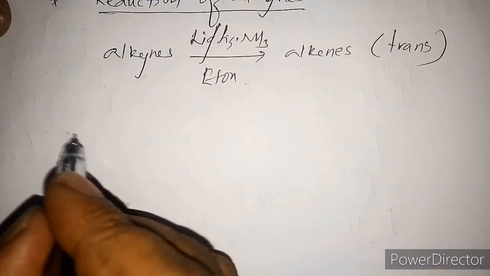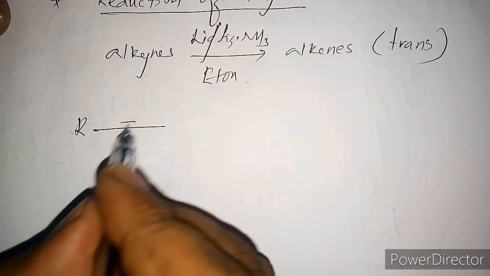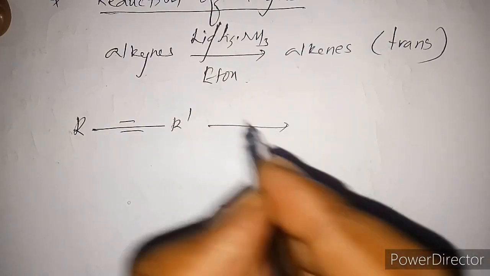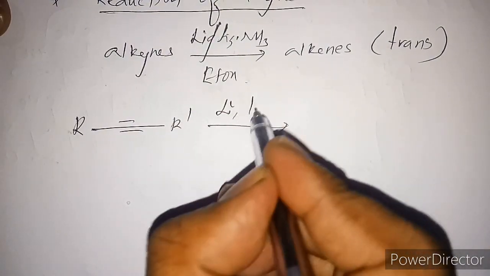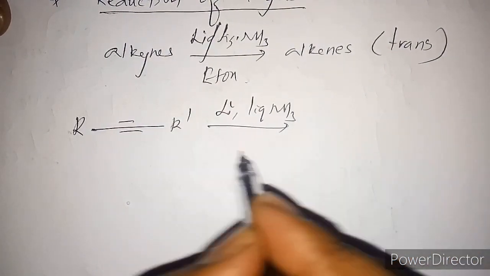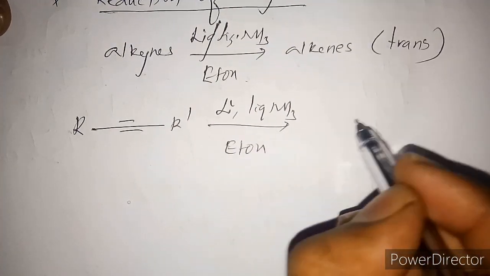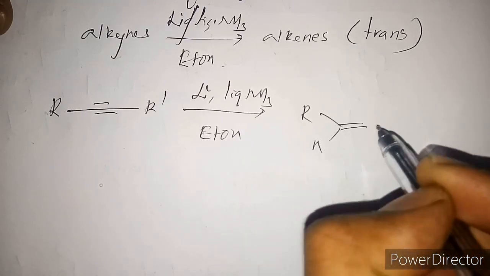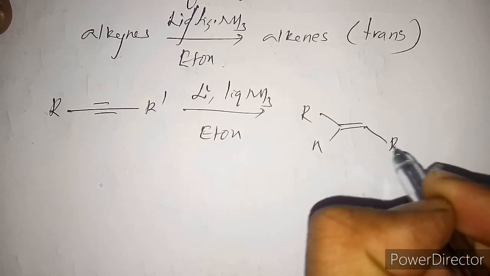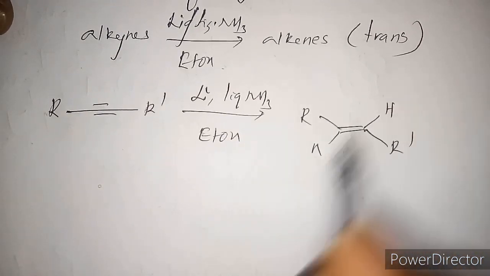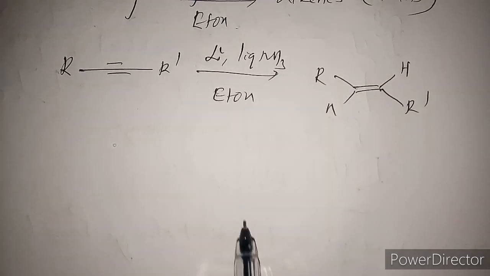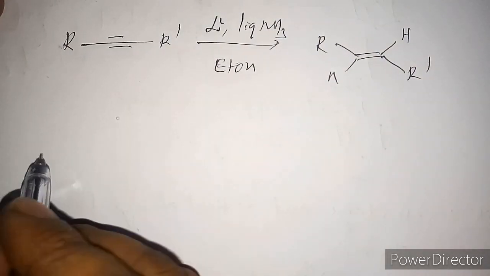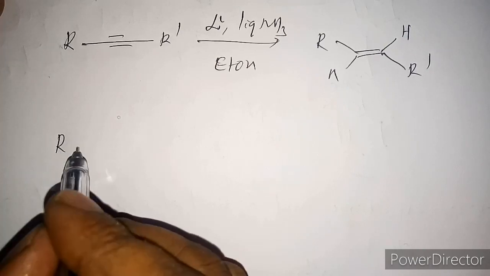So we'll get the trans product. Say for example R dash. To carry out the Birch reduction, ethanol. So we will get H, R dash, H. Now why you will get a trans product in this case is that you can see the mechanism.